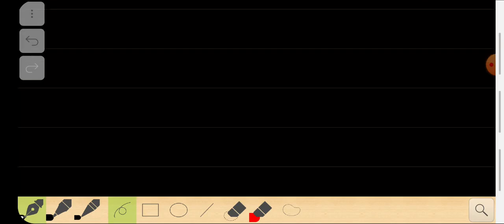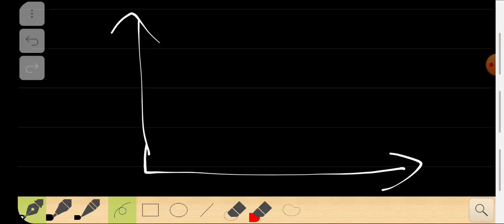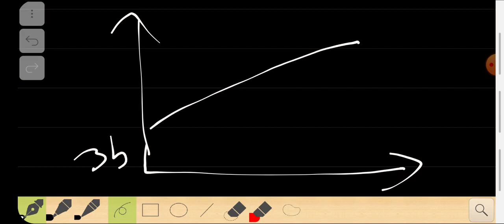Now if you look at the velocity versus time graph with 3b here, each point represents a different velocity for your particle.